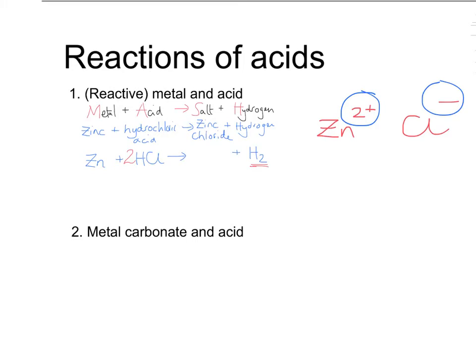And the trick that I've discussed with you already is if we take a number and move it down to the other ion, then that gives us the formula for our salt.